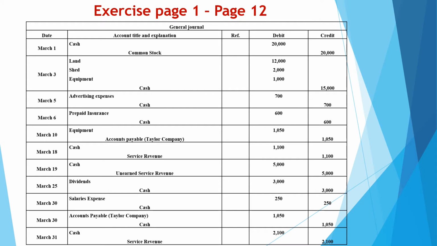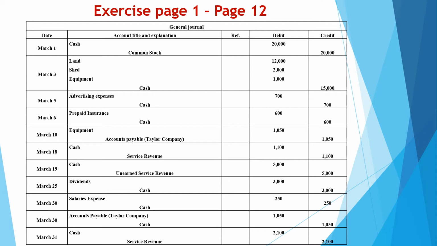In this case, since we are purchasing equipment on account, the account of the supplier, which is accounts payable, increases, and accounts payable is a liability account with a credit normal balance, so when it increases, it is recorded in credit. So the journal entry is on March 10 in debit equipment for 1050 and in credit accounts payable for 1050.